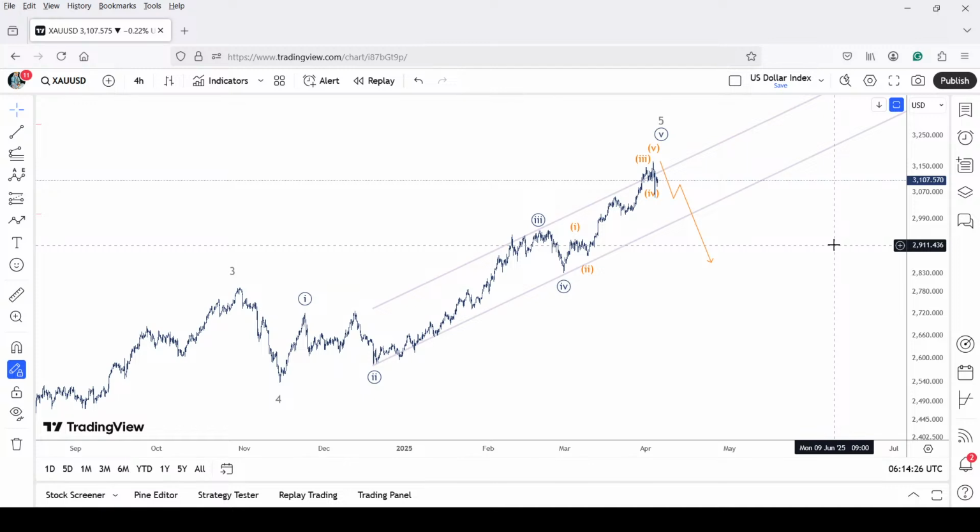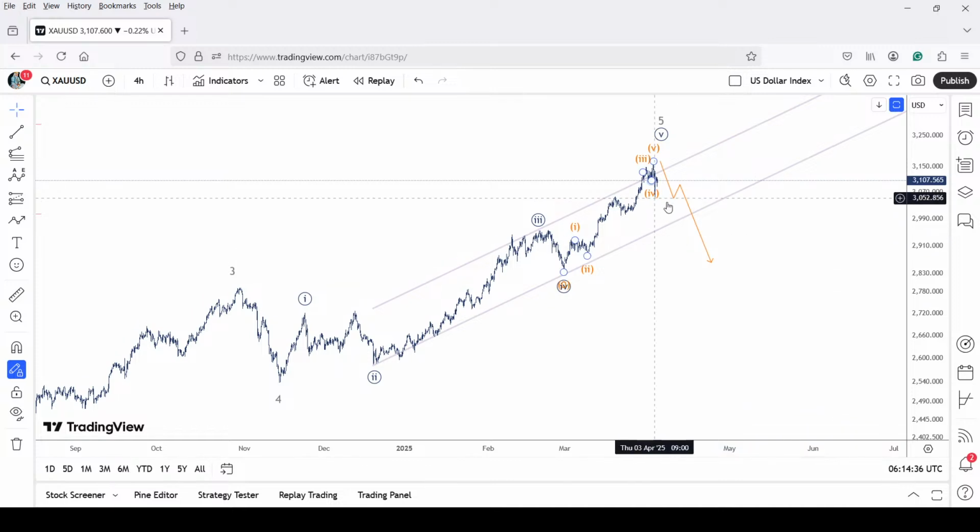That should take us ideally towards the 3200 or 3250 handles, and after that we can expect a major turnaround in gold. So either from here or from 3200, 3250, we would look out for a gold reversal. That's the wave structure point of view, where 5 waves are completing at 3 different degrees, correct?